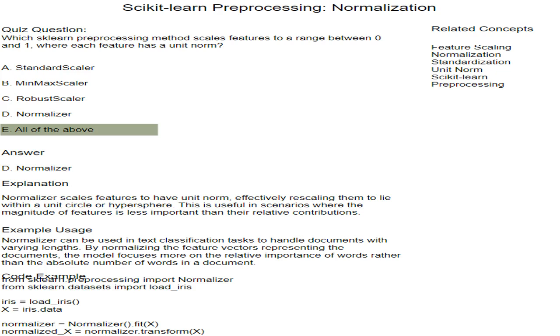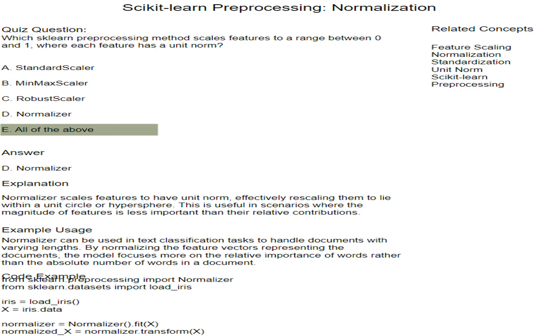Normalizer can be used in text classification tasks to handle documents with varying lengths. By normalizing the feature vectors representing the documents, the model focuses more on the relative importance of words rather than the absolute number of words in a document.